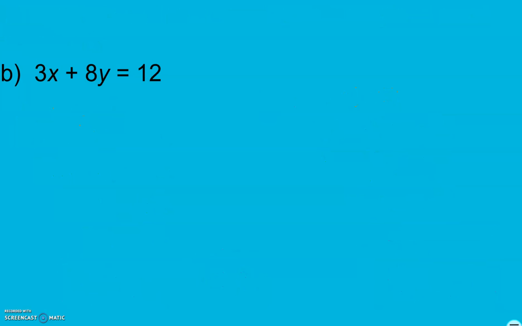And in B, here, again, I'm trying to find my intercepts. To find an x-intercept and a y-intercept is our goal. To find an x-intercept, where I cross the x-axis, it means that my y value is 0. And to find a y-intercept, it's where I cross my y-axis, it means my x value is 0.